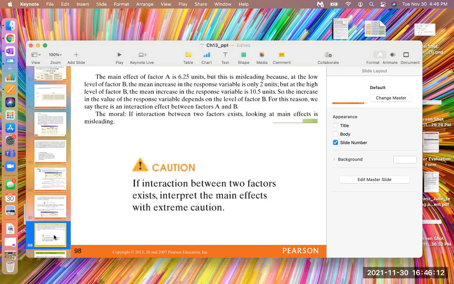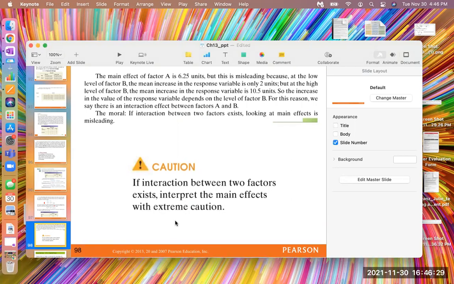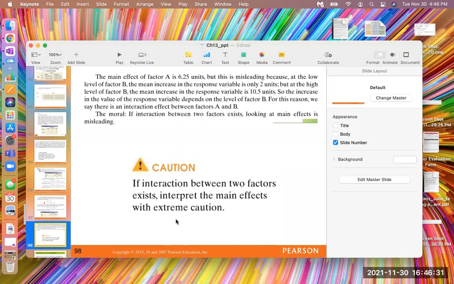So we just have to be extremely cautious if there is interaction going on between two variables. And looking at the main effects, if you're just focused on the main effects only, can sometimes cause you to come to wrong conclusions, right?